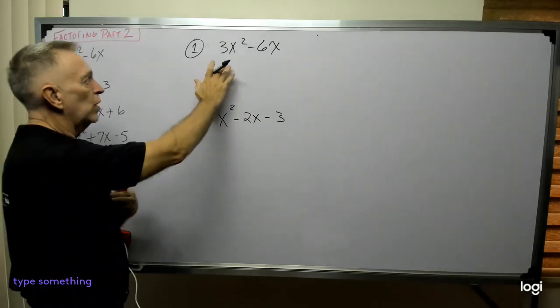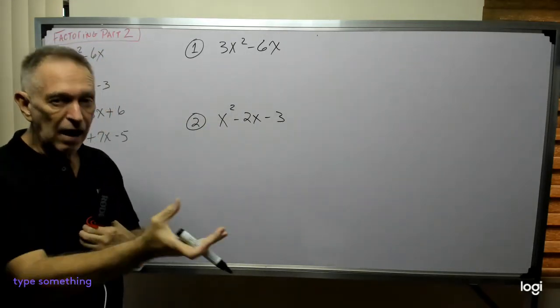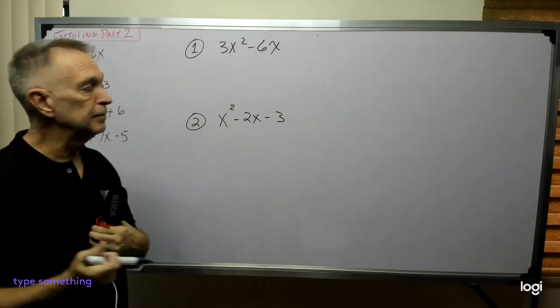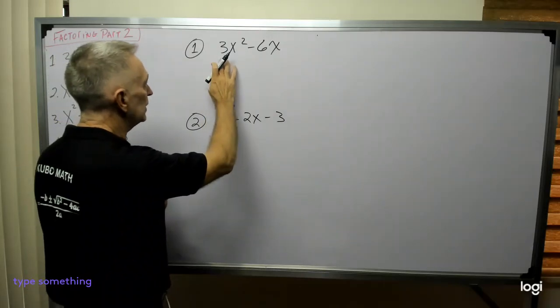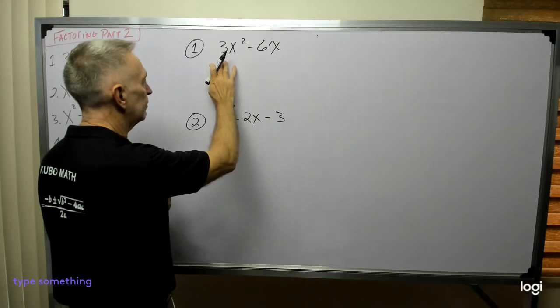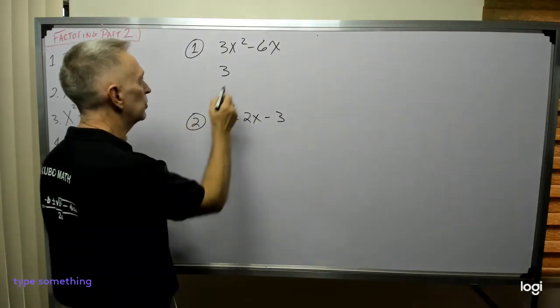Okay, we have an equation, 3x to the second power minus 6x. How can we pull a term or factors out of that to reduce it? So you'll see that the greatest common multiple of the coefficients, I have a 3 and a 6. Well, 3 will go into 6, so let's pull the 3 out.